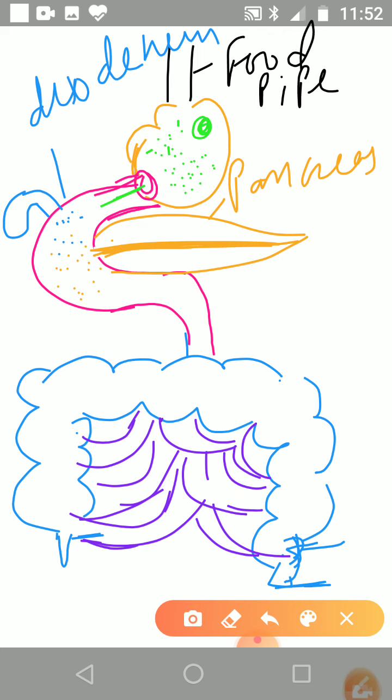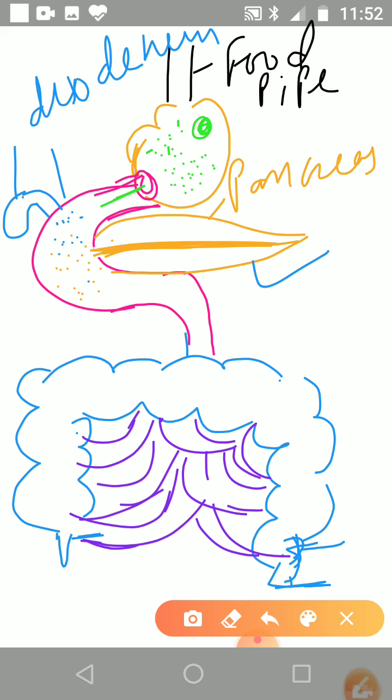Okay, what happens then? The glands, like the liver, gallbladder and pancreas, only have one function. They secrete their juices into the duodenum. That's all.